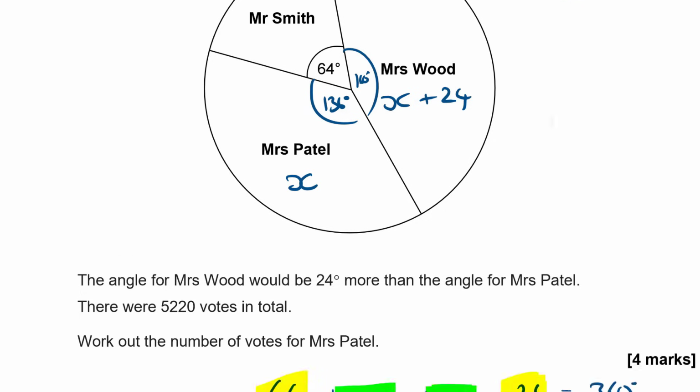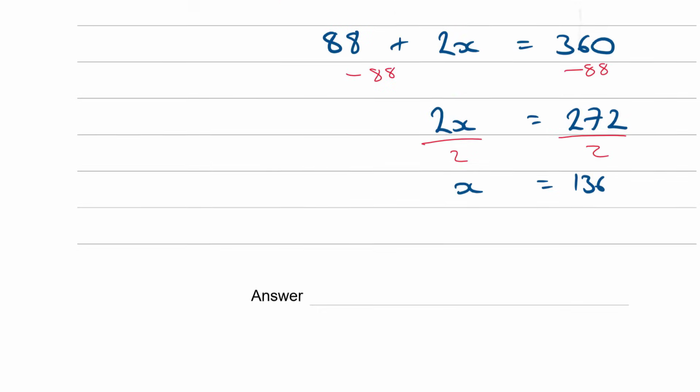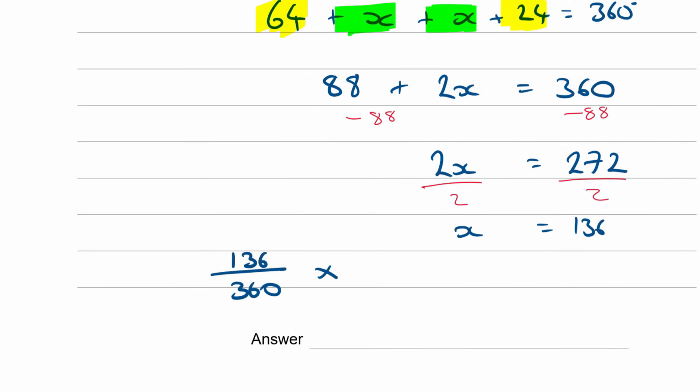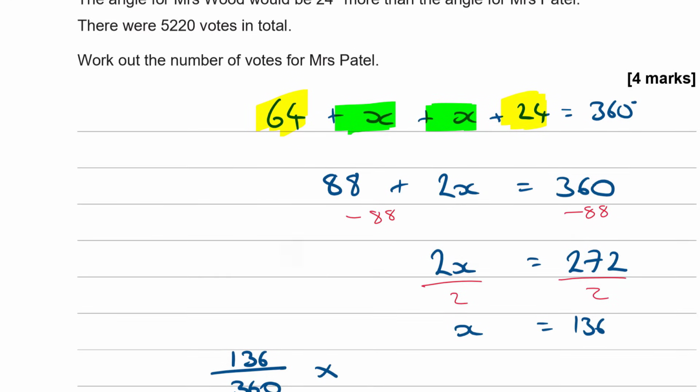What do we need to do now? We need to work out the number of votes for Mrs. Patel. Okay, so we know that Mrs. Patel's angle is 136. So her fraction of the vote is going to be 136 out of 360 times the total number of votes. So you can use 136 over 360, it's like a fraction. So we work out that fraction of the total.